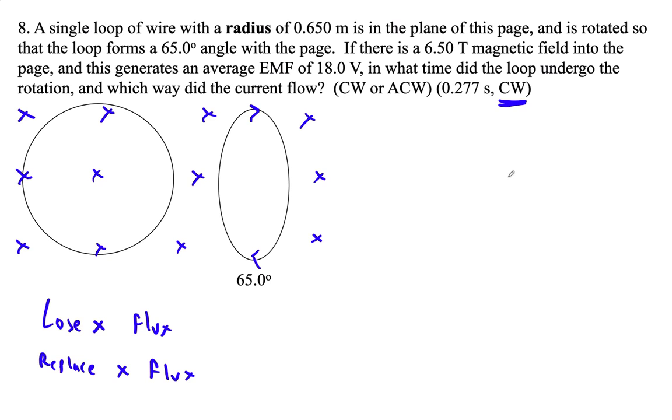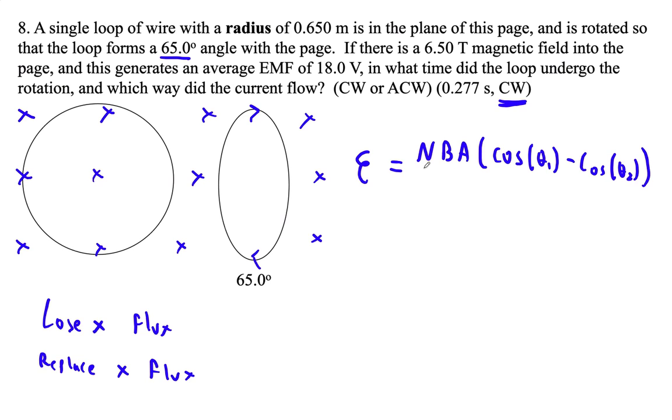And then we set this up, and what's changing here is the angle. And this angle with the page is also the angle that the area forms with the magnetic field. Okay, so what we can do is we can say that the EMF is equal to NBA, cos theta 1, right, minus cos theta 2 divided by time, right?